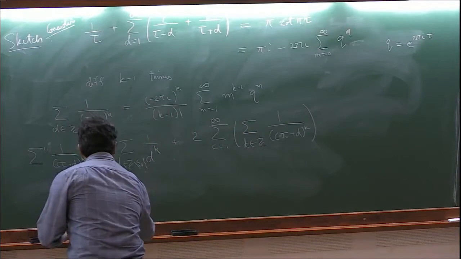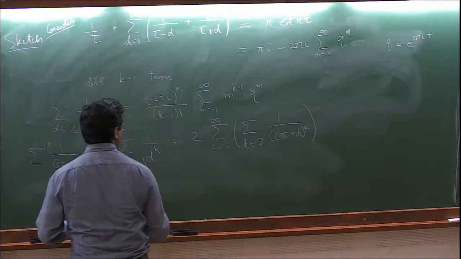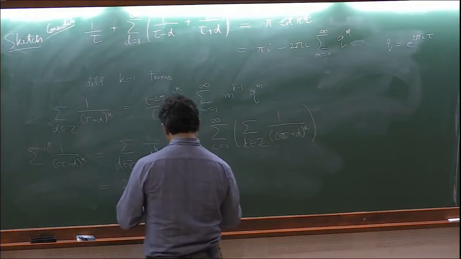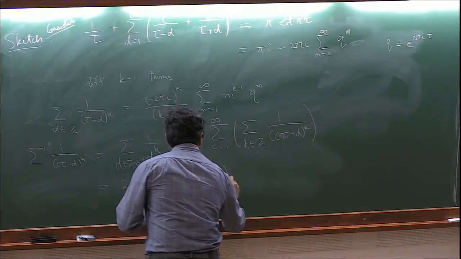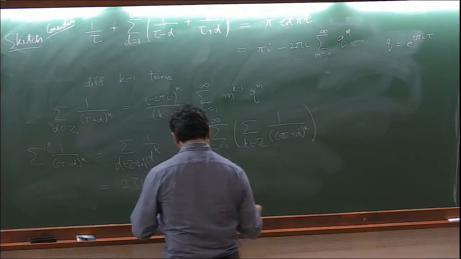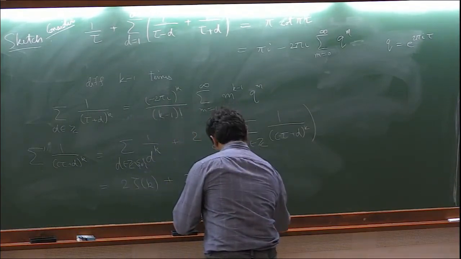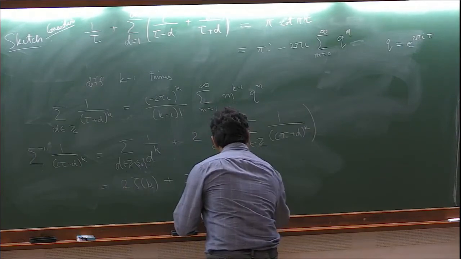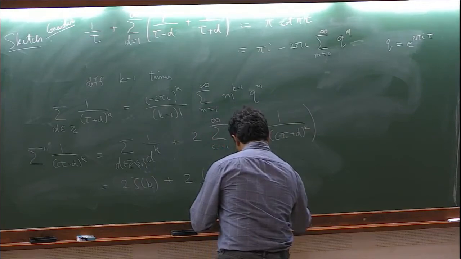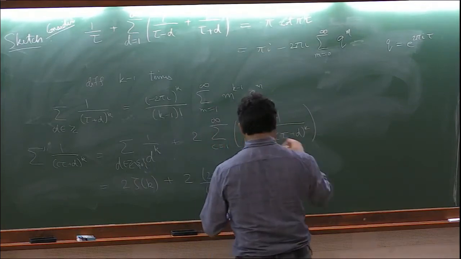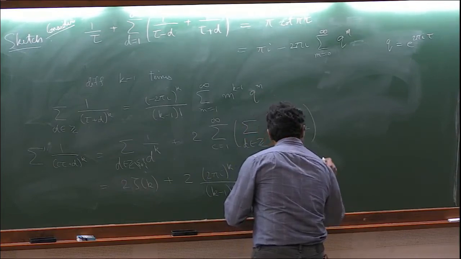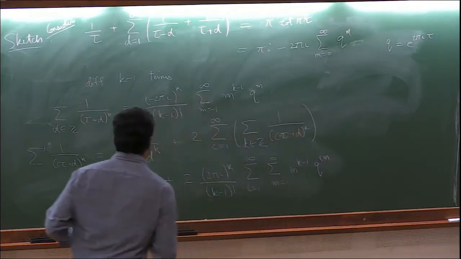And here you have 2 zeta k plus 2 pi i to the k over k minus 1 factorial, summation c going from 1 to infinity, summation m going from 1 to infinity, m to the k minus 1 q to the cm. Okay, and then you simplify.